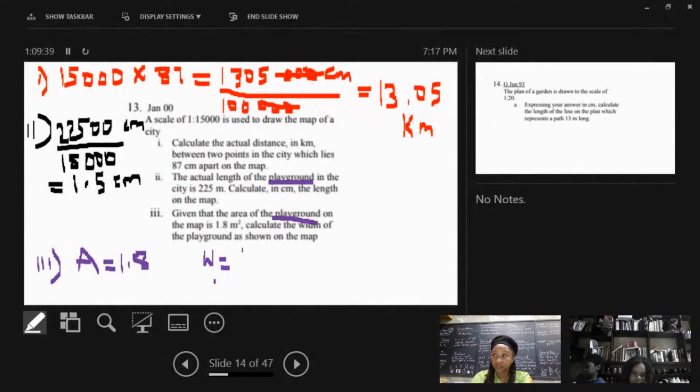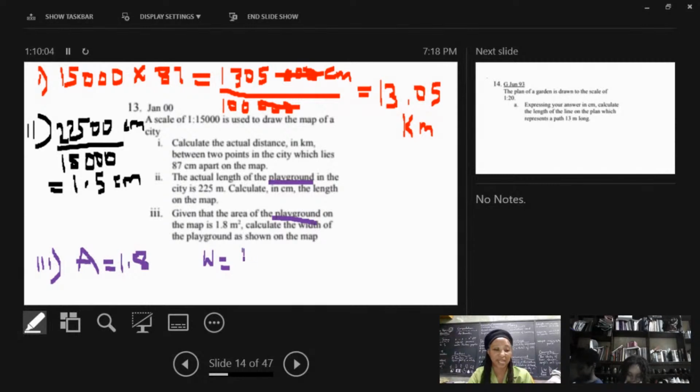Are you serious? If we know the area and the length, how do we find the width? Remember, length times width gives area.